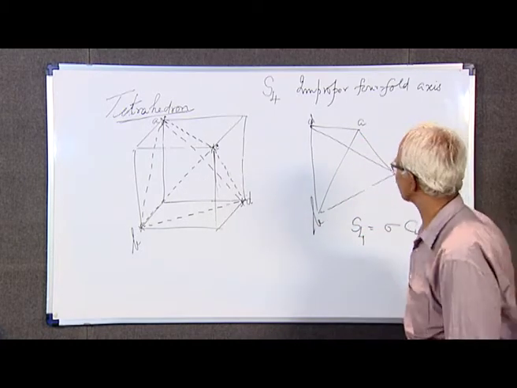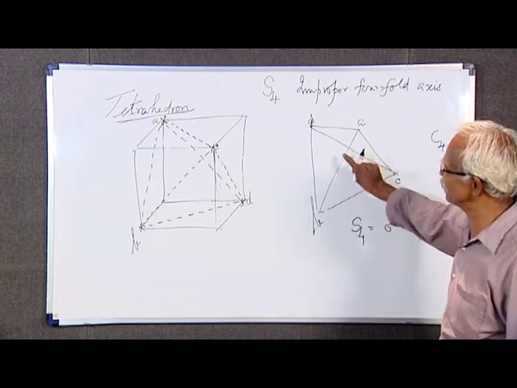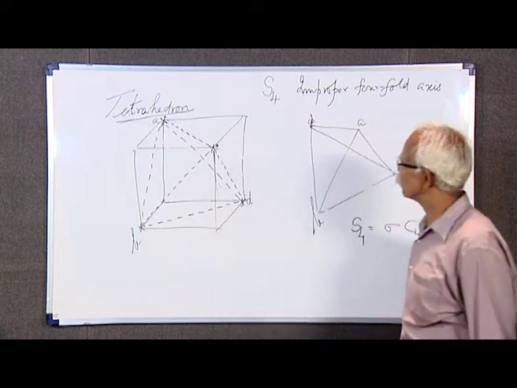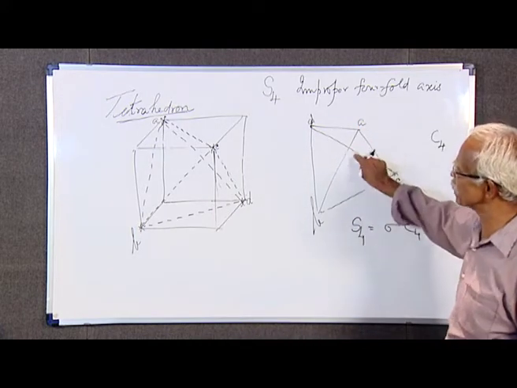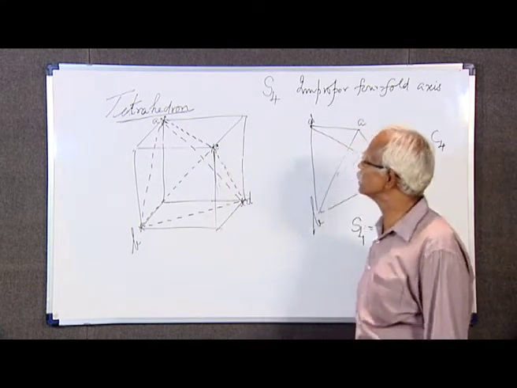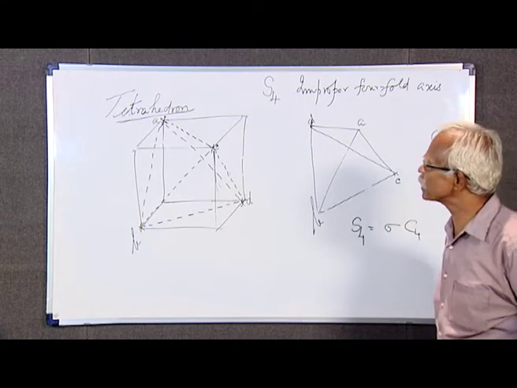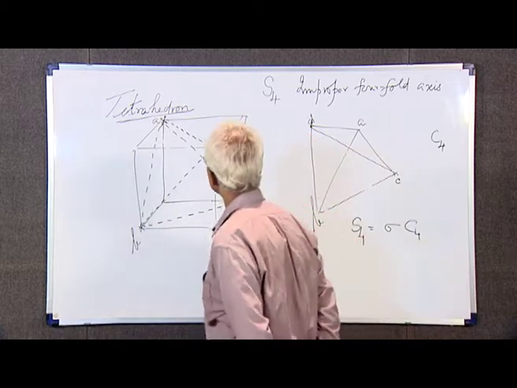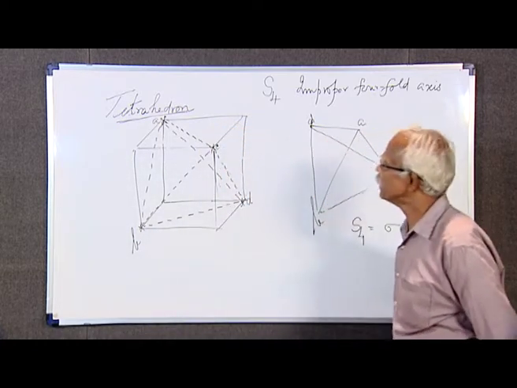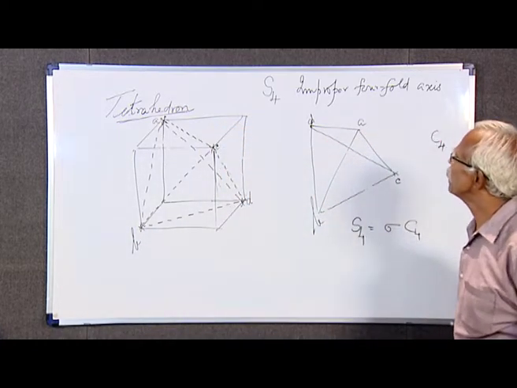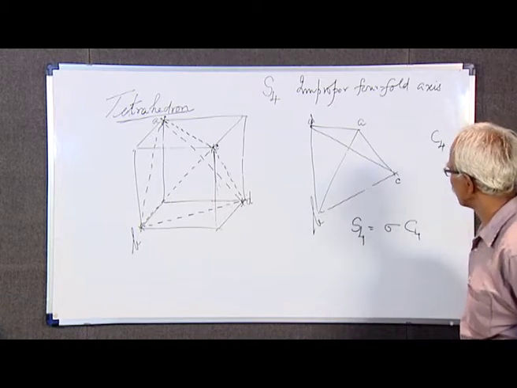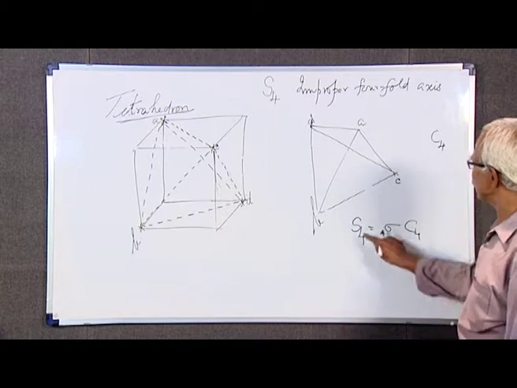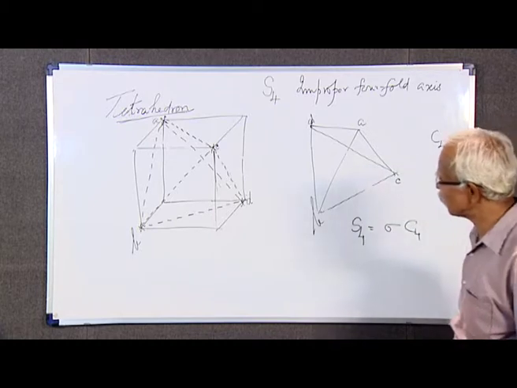A, B, C, D is a tetrahedron. It is precisely this. The solid figure is the cube, the dotted figure is this tetrahedron inscribed inside the cube. So, the tetrahedron can comfortably be accommodated inside the cube by the prescription S4, which is C4 followed by sigma. Well, these are typical group theoretical symbols.